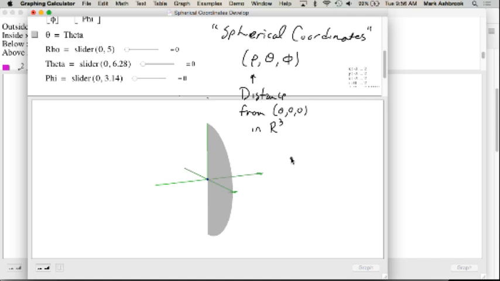So given any point in space, the value of rho is the distance from that point directly to the origin. Okay? Theta is our same angle that we're used to. It's the angle swept counterclockwise from the positive x-axis.